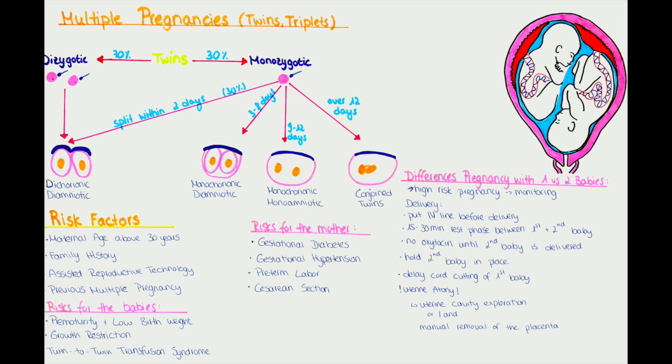The last important thing about those terms is that generally, the later the zygote splits and gives rise to twins, the more structures will be shared. The estimated timeline of these events you can see on the poster. As you can see here also, if a zygote splits after the 12th day, it usually results in conjoined twins.